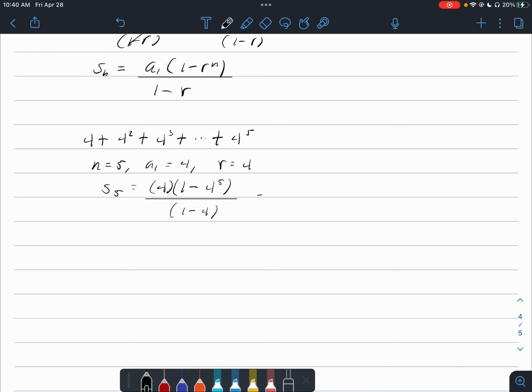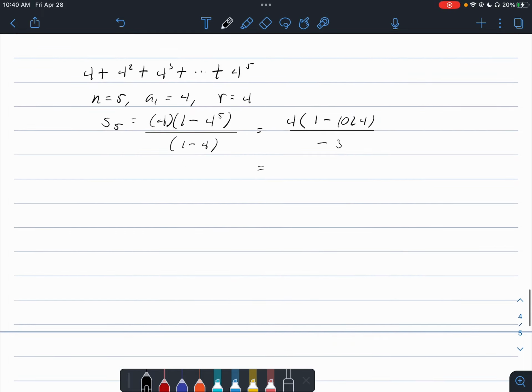And this is going to be equal to 4 times 1 minus 1,024, sorry, it should be 1,024, and that's all going to be over 1 minus 4, which is negative 3.